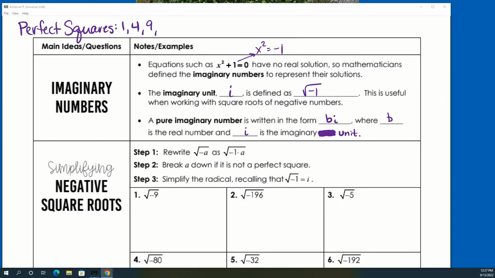Just keep squaring the next number. I always forget 14 squared, 196.